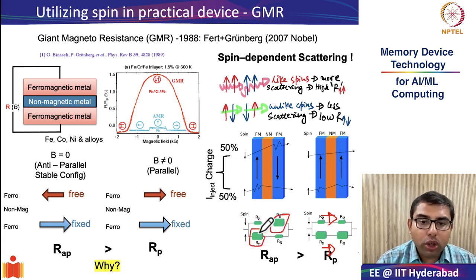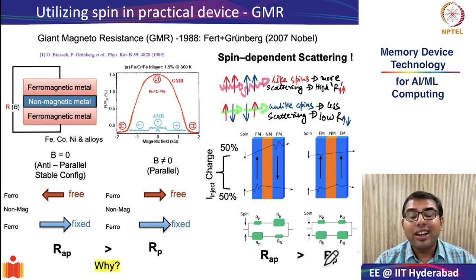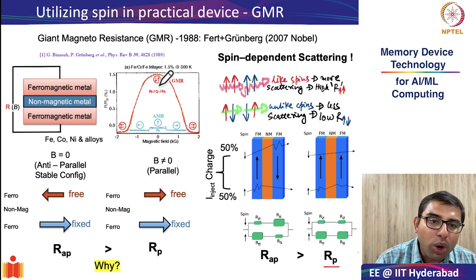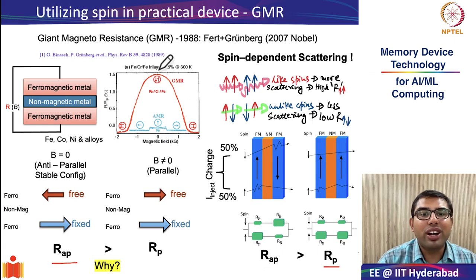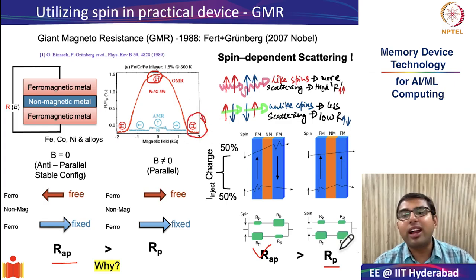So the overall resistance experienced by the device in parallel configuration is a low resistance state, whereas anti-parallel is a high resistance state. Now correlate that with what we saw at B equal to 0. You are in the anti-parallel state, therefore it is in high resistance, as you can see over here, whereas when B is not equal to 0 or B is greater than 0, you start seeing the low resistance state kick in.